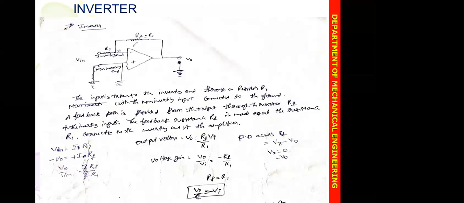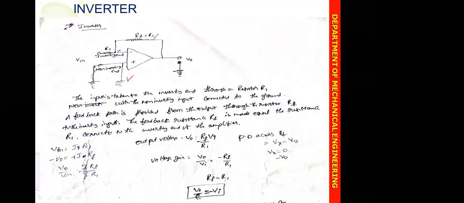This is the operational amplifier symbol. The minus indicates the inverting end, and plus is the non-inverting end. The non-inverting end is connected to the ground. Here one resistor is at the inverting end, which is the input of the voltage supply.